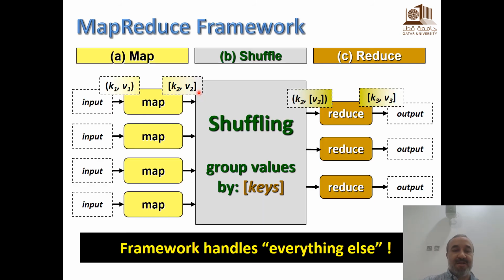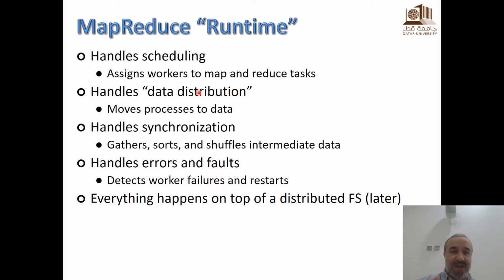So we said the framework handles everything else. What is everything else? It handles scheduling, which means which worker will be assigned to which part of the data, whether it's map or reduce tasks. It handles data distribution. It moves the processes to the data, which means it knows where the data is and thus assigns that part of the data to the processor at that machine.